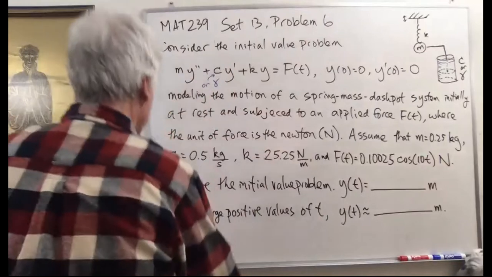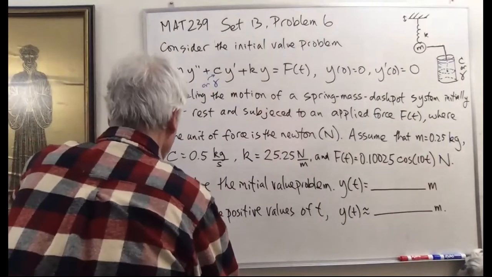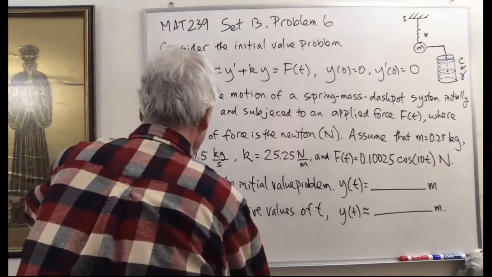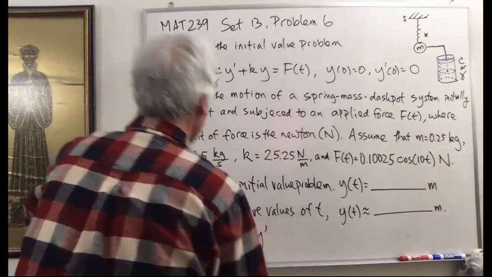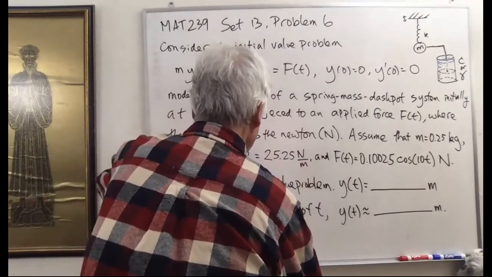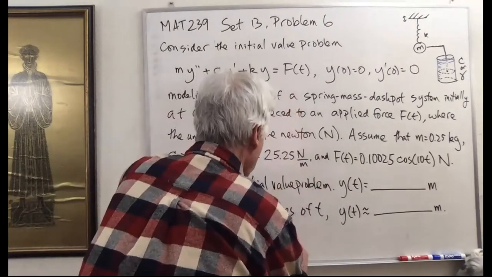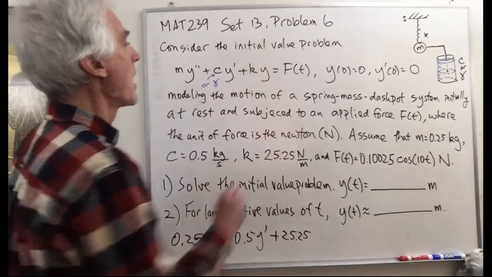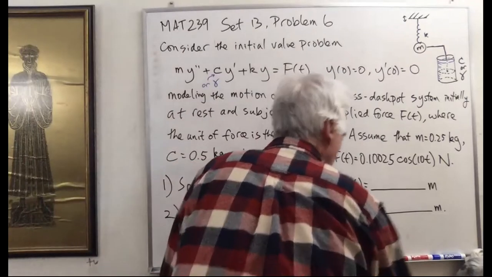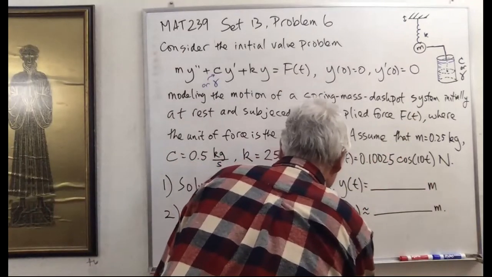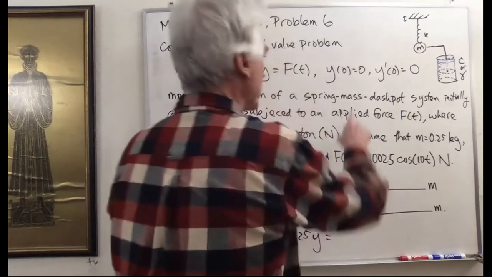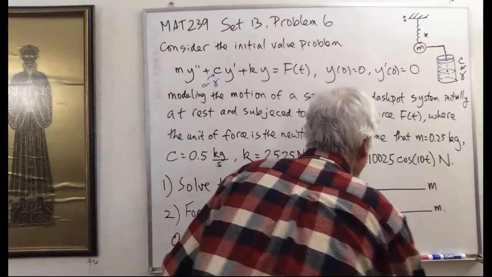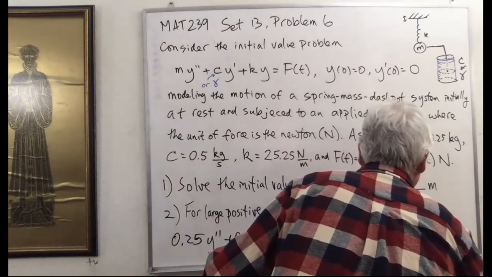We get 0.25 y double prime plus 0.5 y prime plus 25.25 y equals 0.10025 times cos of 10t.